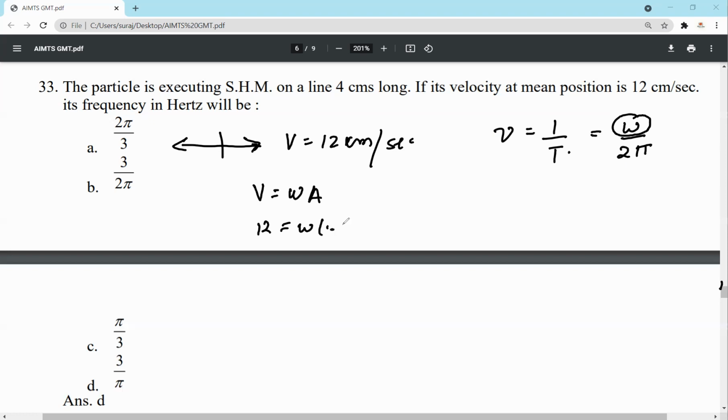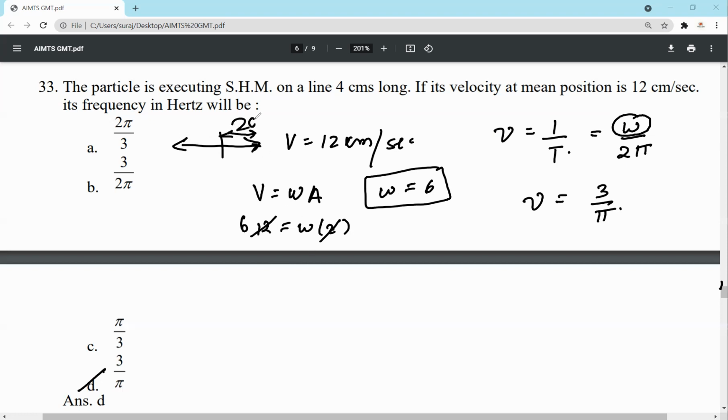So omega is 6. Frequency will be 6 by 2 pi, that means 3 by pi. Option D. Now coming to question number 34.